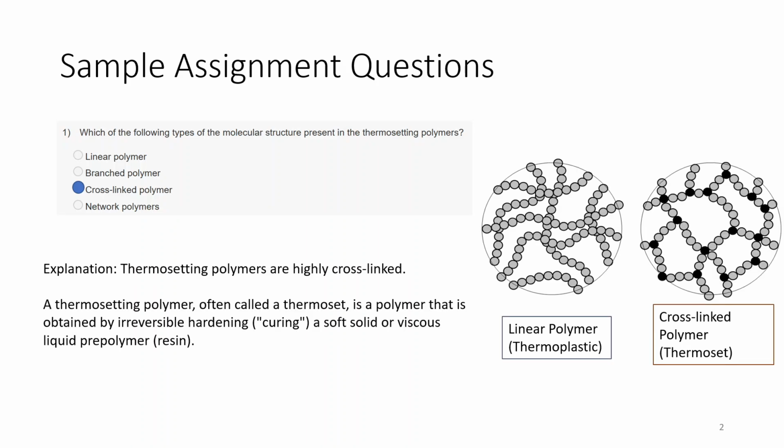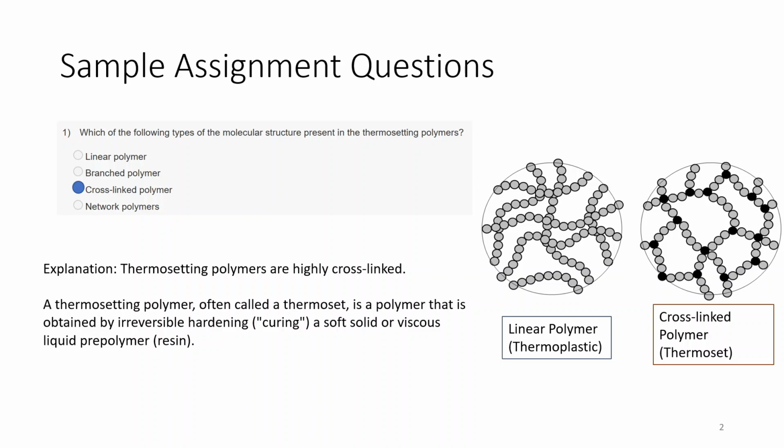Now next is the explanation. Here you can see these are the linear types of polymers which are thermoplastic, and then we have cross-linked polymers which are thermoset. In case of thermoset, there will be covalent bonds forming them, and they are highly cross-linked.